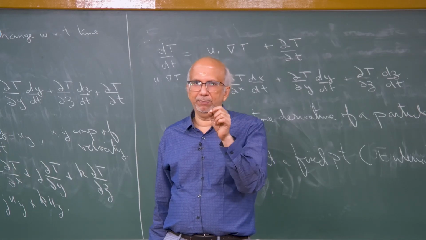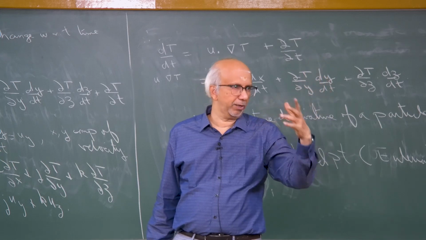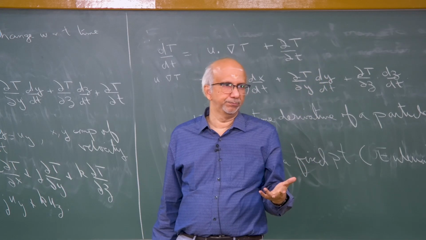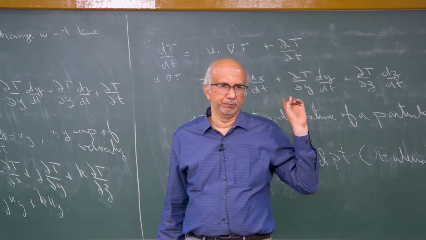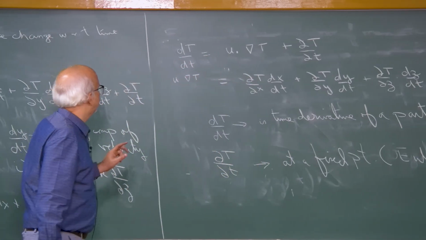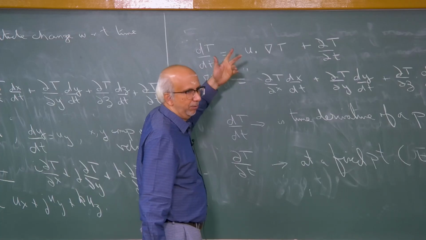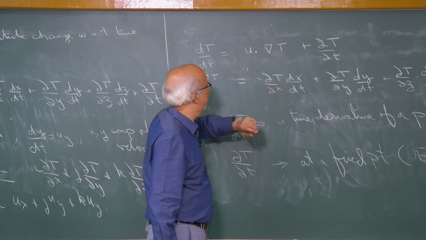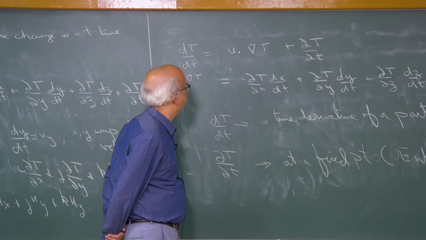If your probe happens to be moving around with the fluid, and you are recording the temperature, then you are calculating the left hand side. So, this is when the probe is moving around with the fluid, and you have to imagine some situation where you can do that, and this is when the probe is fixed.